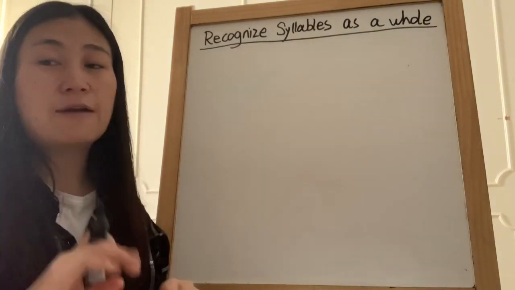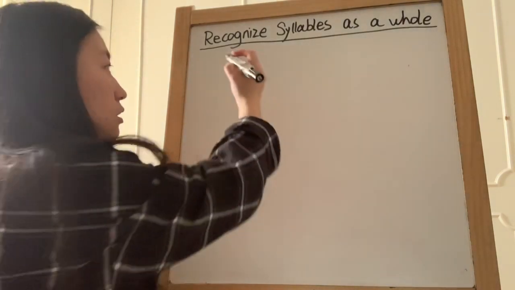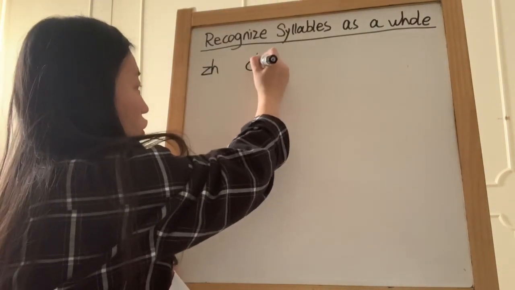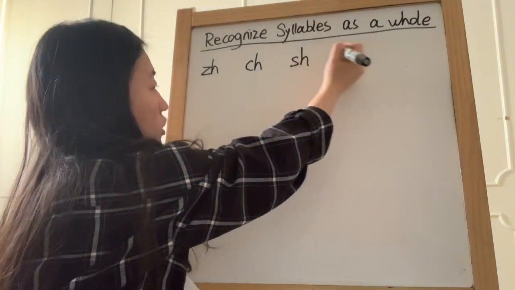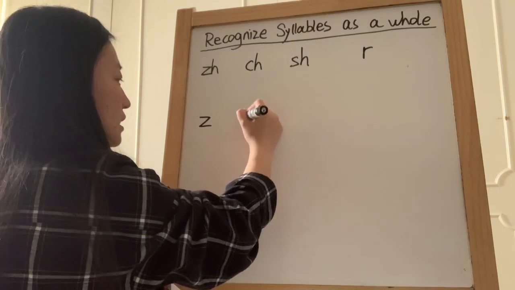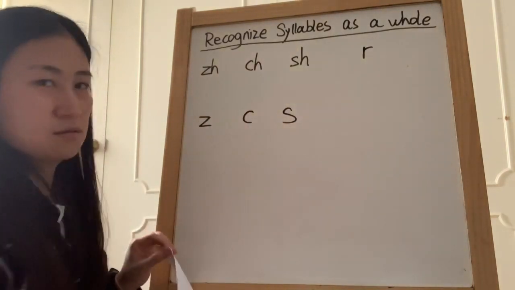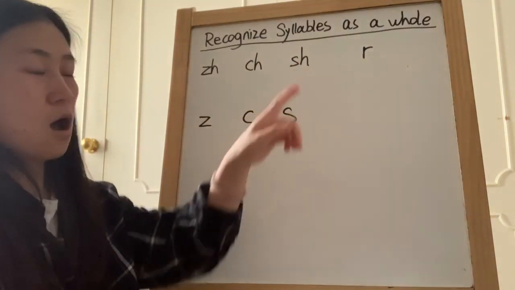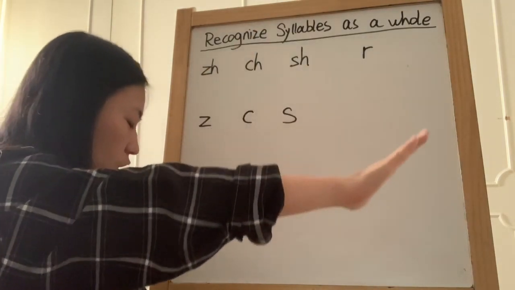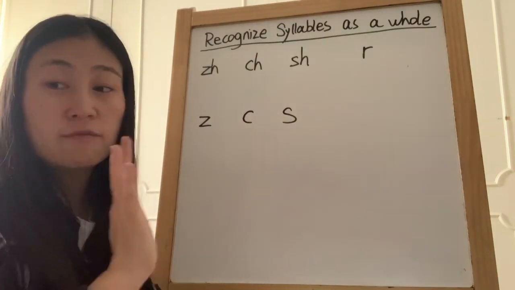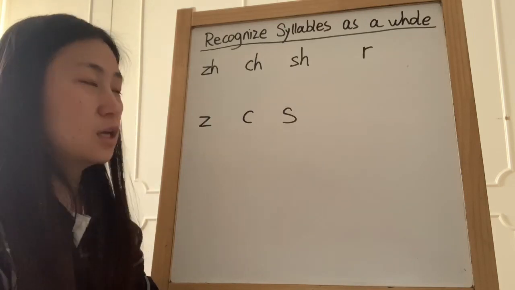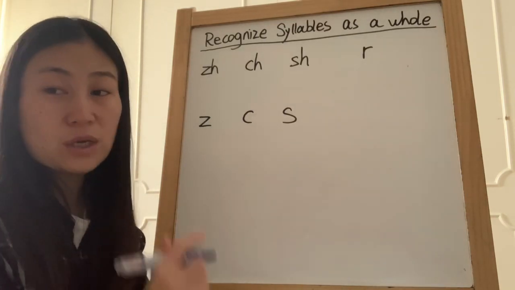Okay, we have learned in the consonants zhi, chi, shi, ri, and z, c, s. Right? These are the only consonants that haven't got any finals or vowels together. But there is a very special situation when they combine with e.